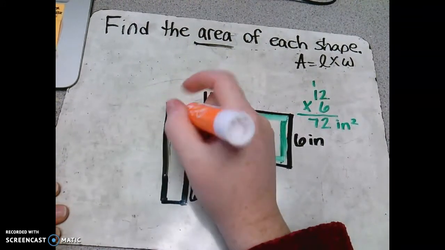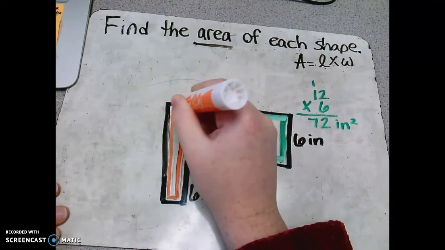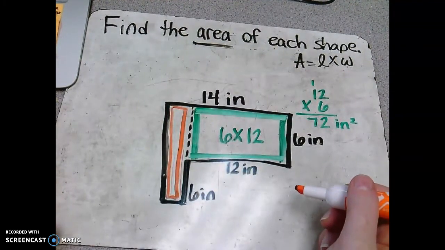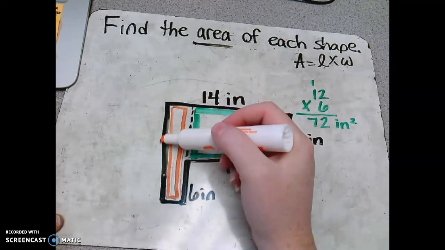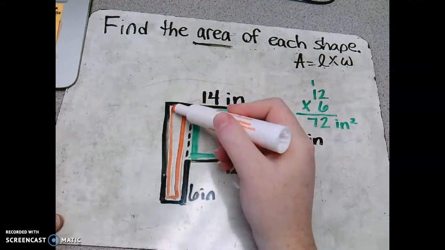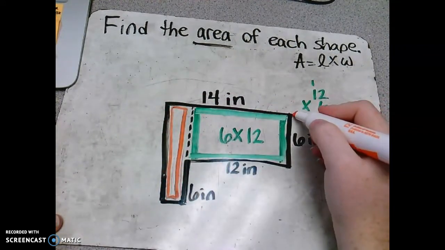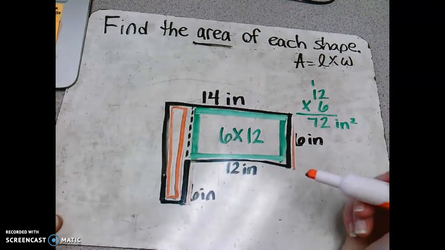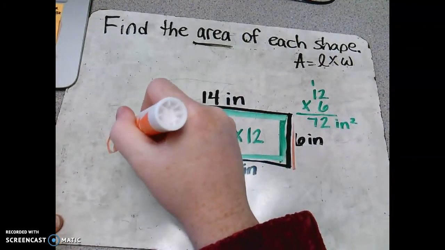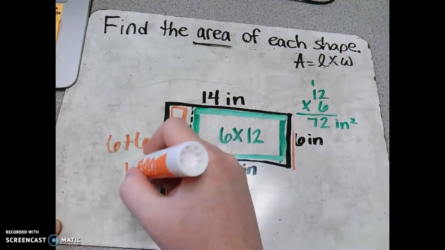Now let's find the area of our orange shape. We need to find this full length right here, this full side. In order to do that, we're going to take this side and add them together. So we have 6 plus 6. What is 6 plus 6? 12. Good.